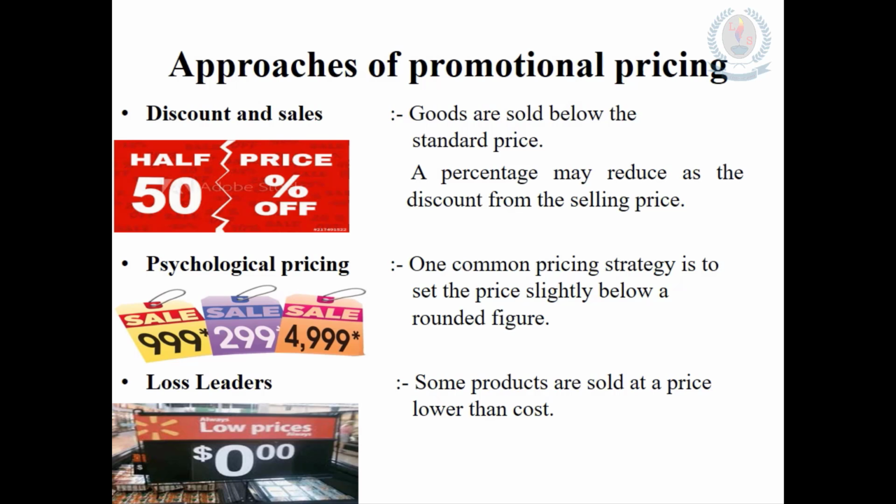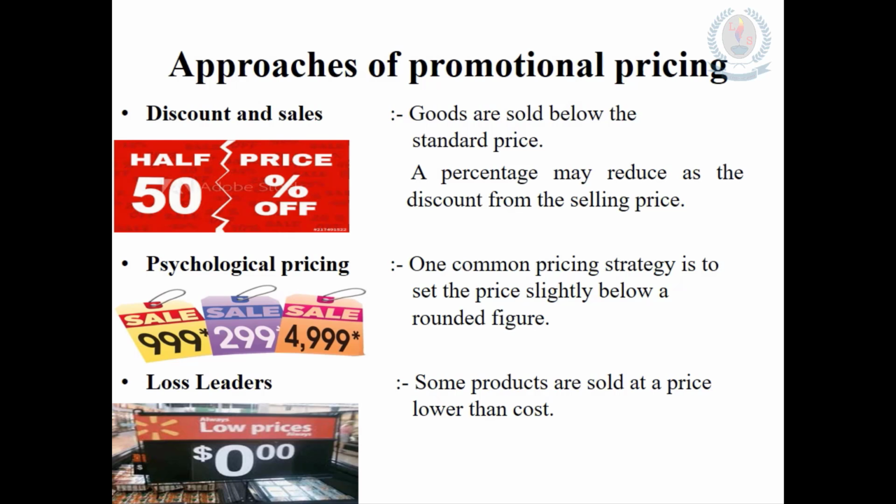Next one is psychological pricing. This means a price is set slightly below a rounded figure. That means the price is not set as 1000, but as 999. The price is not set as 5000, but as 4998.